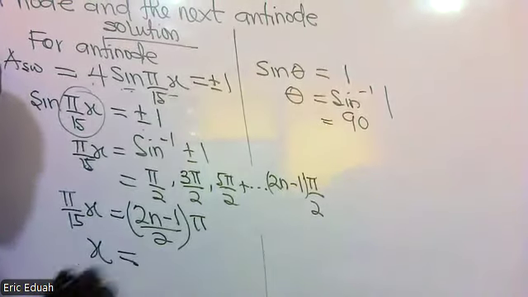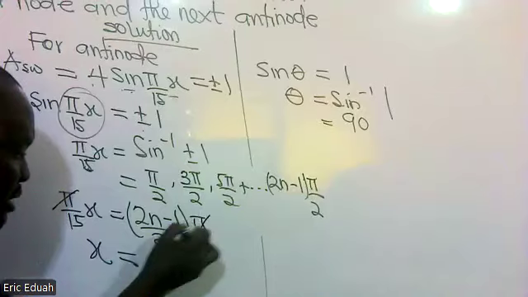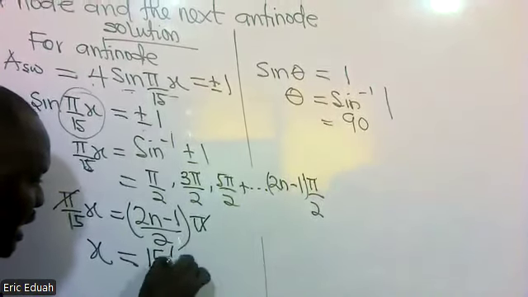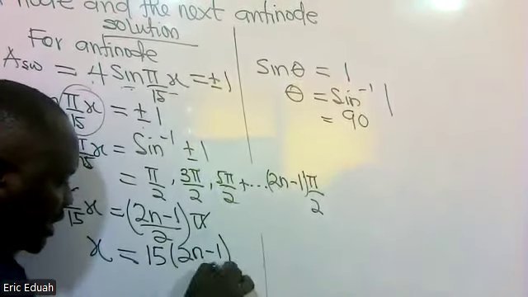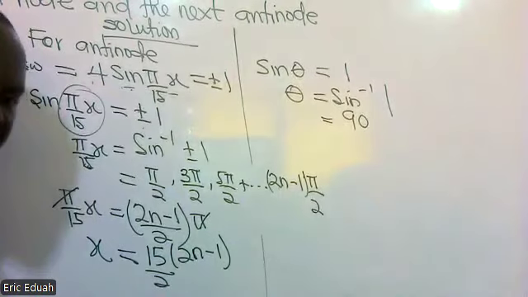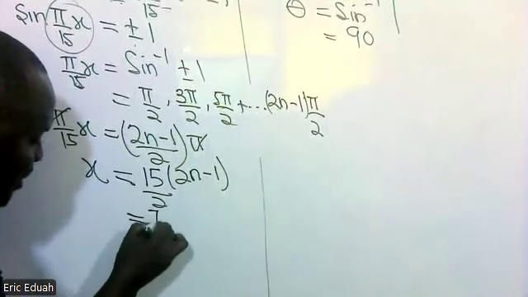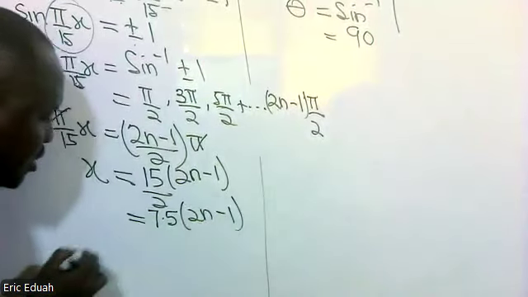Then we find x. x will be equal to, pi will cancel out, so we'll have 15 times 2n minus 1 over 2. And 15 over 2 is 7.5. So x equals 7.5 times 2n minus 1.